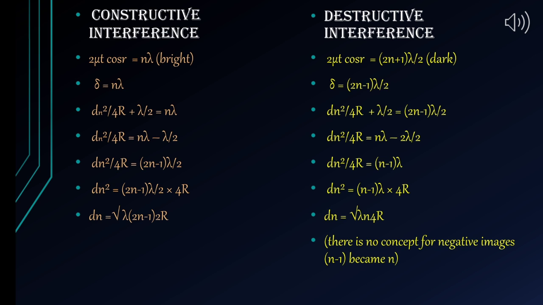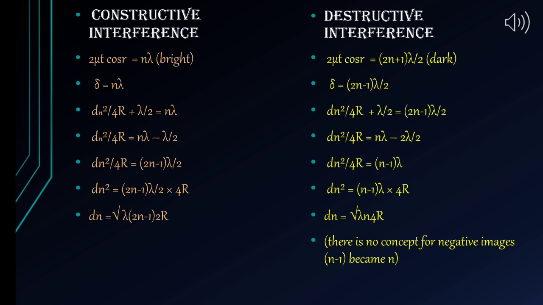Sending lambda by 2 to the right side, it becomes minus, so dn square divided by 4r is equal to 2n lambda minus 2 lambda divided by 2. Here the 2 gets cancelled, and dn square divided by 4r is equal to n minus 1 into lambda. Sending 4r to the right side, dn square is equal to n minus 1 into lambda into 4r, and taking the square root, dn is equal to square root of n lambda 4r.